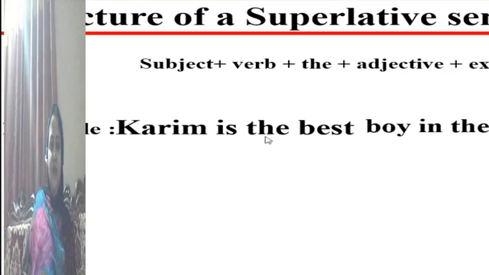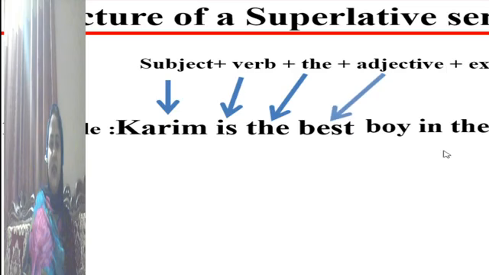So this is an example. Karim is the best boy in the class. Which one is the subject? Karim is the subject here. Which one is the verb? Is the verb here. Which one is the sign of superlative? The. Which one is the superlative adjective? Best. And the extension is boy in the class.